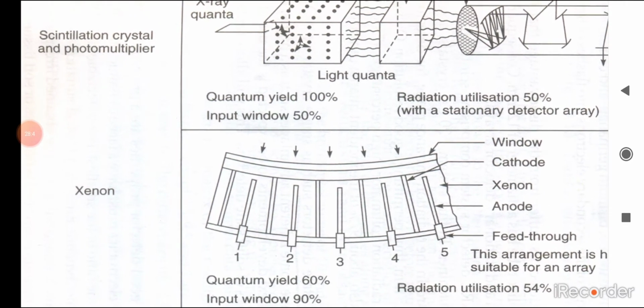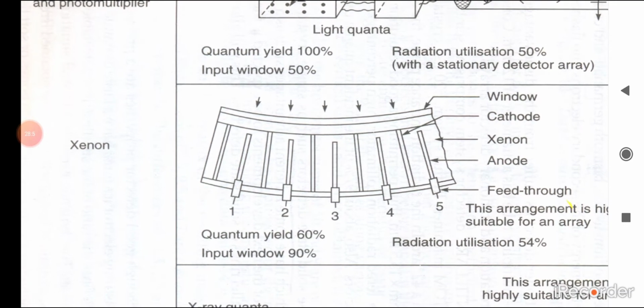Xenon arc, xenon detectors. There is a special window to receive the X-rays, then the cathode, which collects the photons' energy.